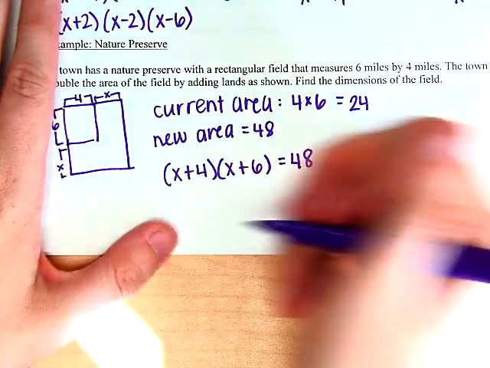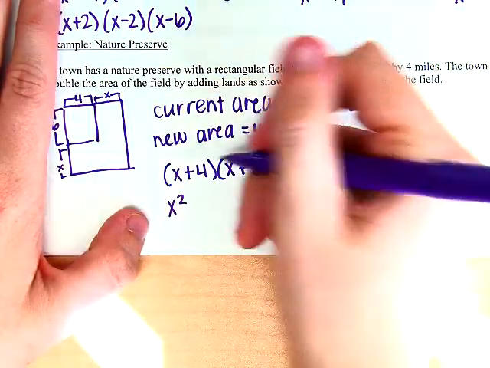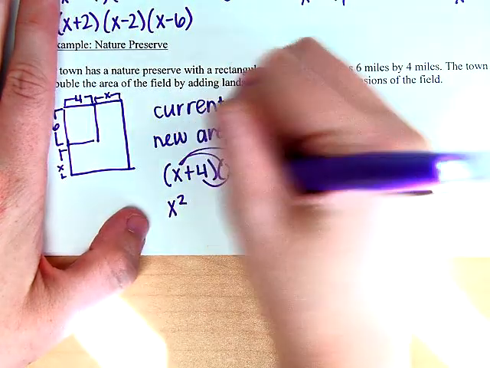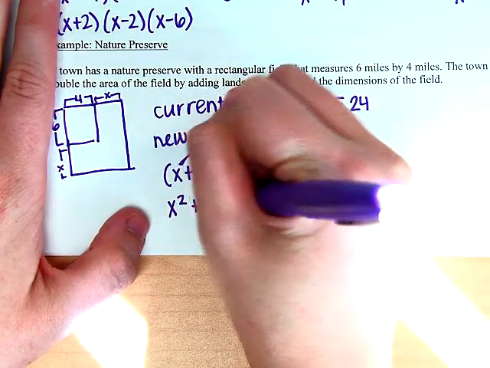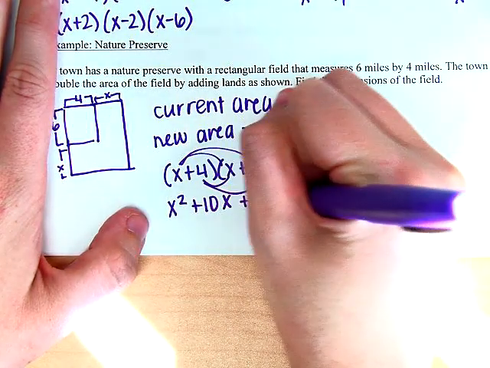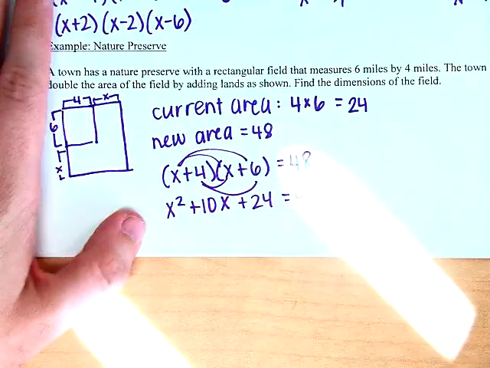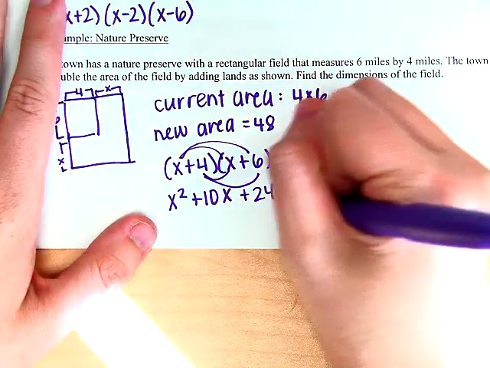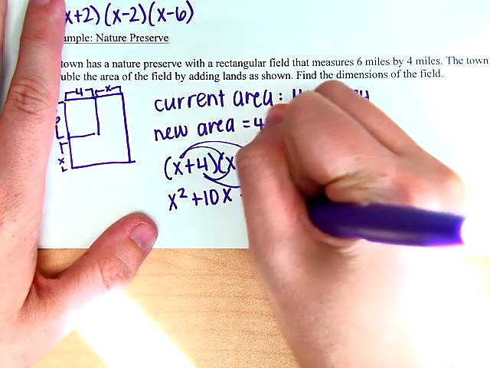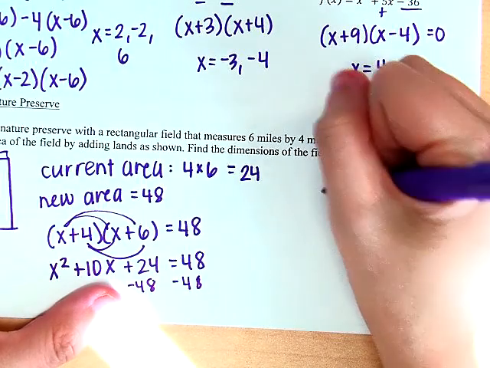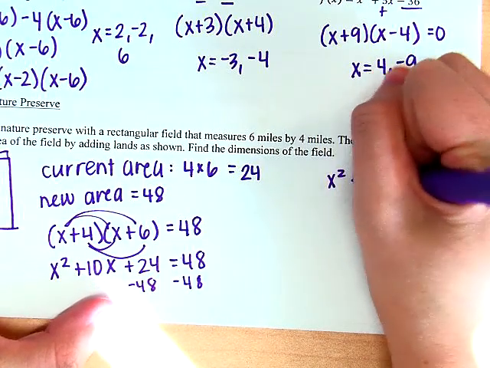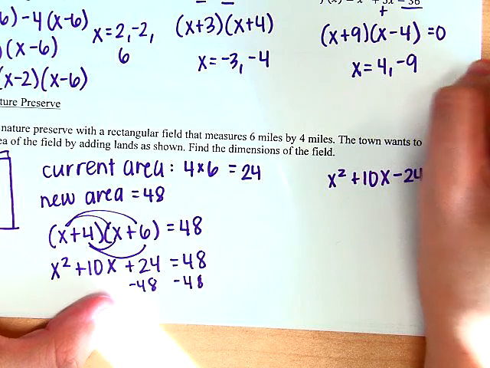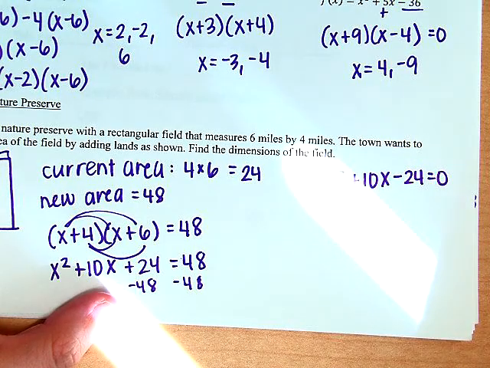So now when I multiply this out, x squared plus 6x plus 4x gives me plus 10x plus 24 equals 48. And to solve any of these, I need it equal to 0, so I'm going to subtract 48. So now I have x squared plus 10x minus 24 equals 0.